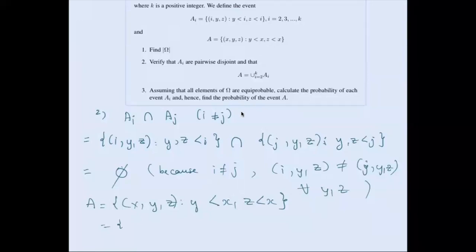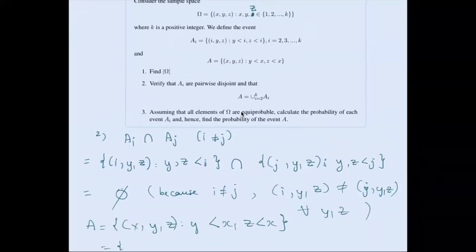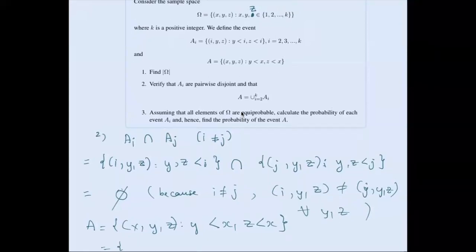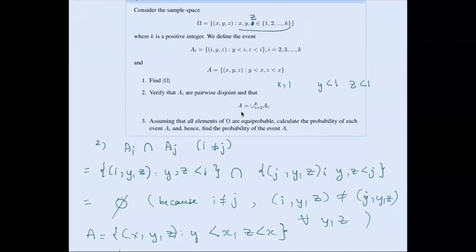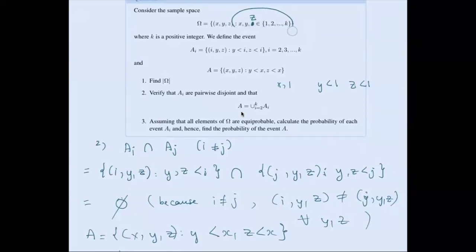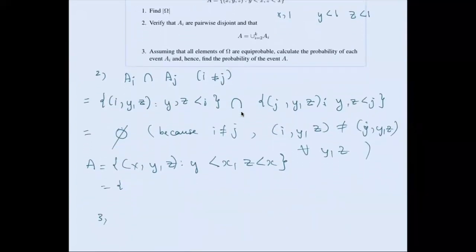Can x be equal to 1? It has to be 2 to k, right? Because think about it. If x is 1, then y has to be less than 1 and z has to be less than 1. However, in our sample space, the minimum value is 1. Therefore, if x is equal to 1, then there is no y and z that satisfy the condition. So x has to be at least 2.